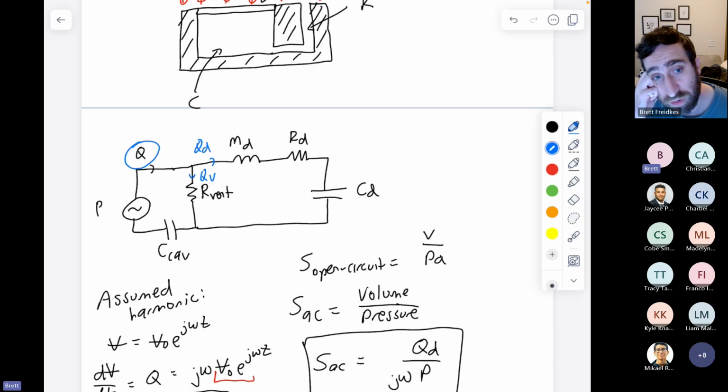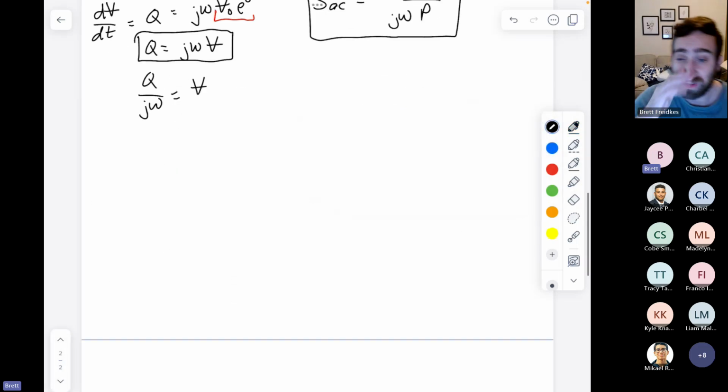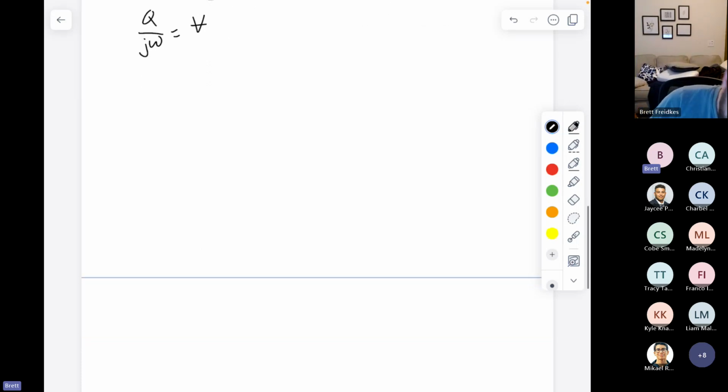And then once we have that total Q, we can do current division to see how much of it goes towards the diaphragm. And that gave us some very long expression for the acoustic sensitivity. But the thing that we started to do was look at very specific cases of what would happen to the sensitivity at different regimes in our behavior.